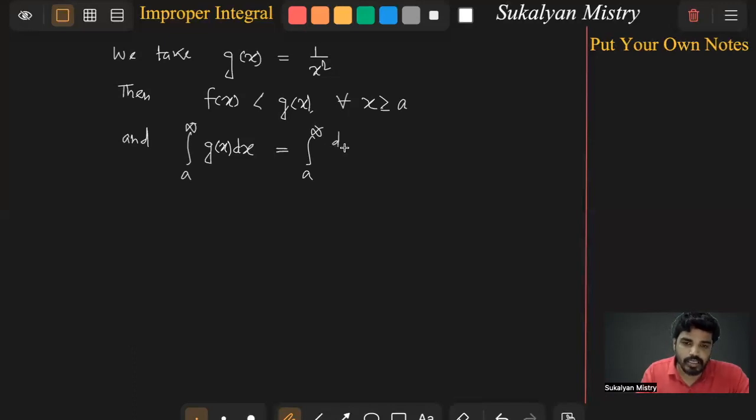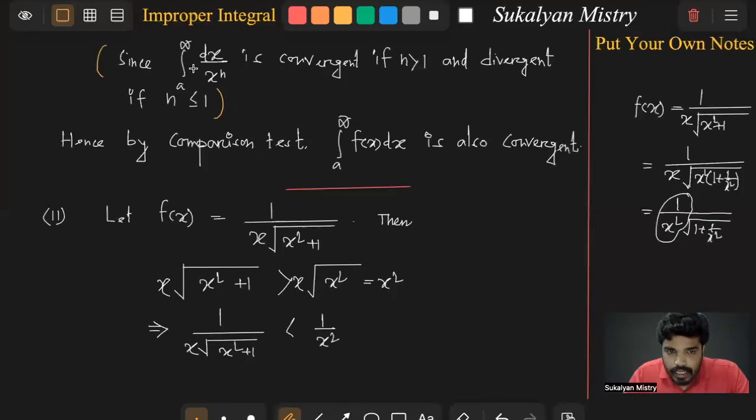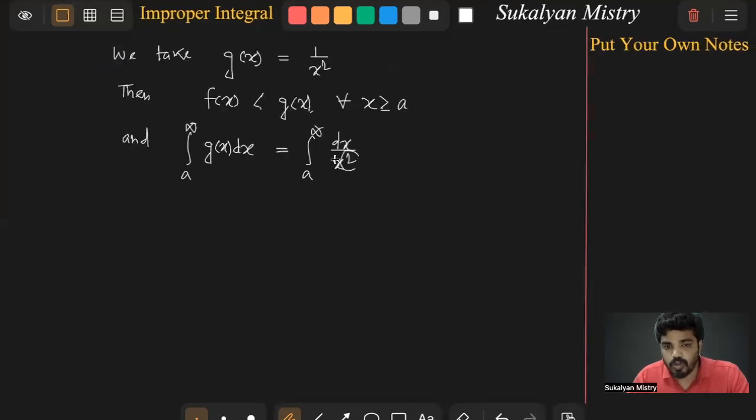We know that integration a to infinity dx by x to the power n is convergent if n greater than 1 and is divergent if n less than or equal to 1, right? So here n is 2, so this is convergent, okay?